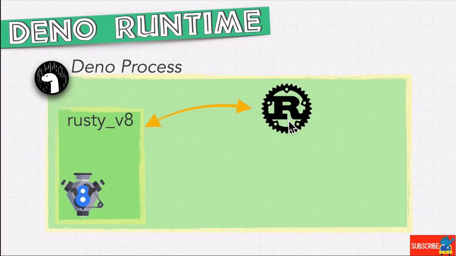When that happens, when things are outside of just JavaScript, Rusty V8 takes that and sends it over to the Rust world. You can almost think of the front end of Deno being JavaScript or TypeScript and the back end being Rust.